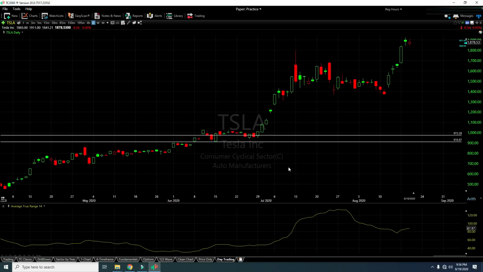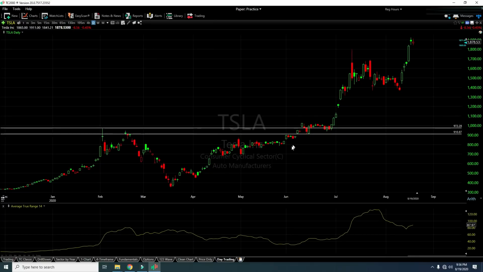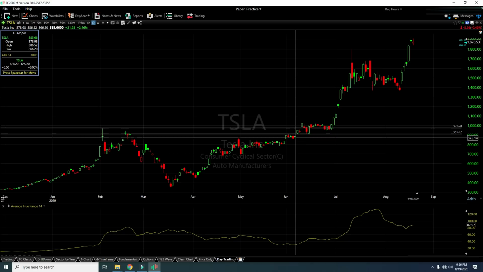Okay, now let's explain this concept through an example. Again, we are at Tesla's daily chart here. The resistance area is clearly marked. First, we are going to identify the trend. Let's assume we are right here. Today is June 5th, 2020.